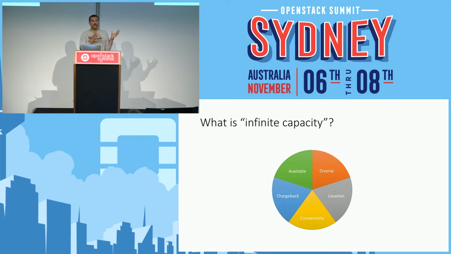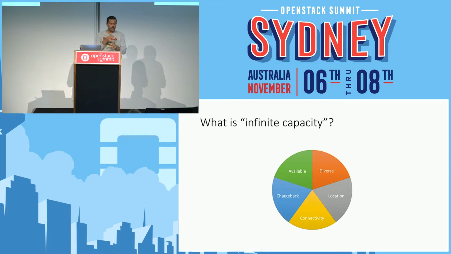We want the ability for you to have a common view of all of these assets and run workloads which are distributed across all of them. That's our view of infinite capacity. Now, how do you get there? Now, by the way, this is a slightly different definition of what a cloud is from your normal, but again, ours is a purpose-built cloud. It's built for the kinds of applications which a telco wants to use. And we get there with these 5 things.